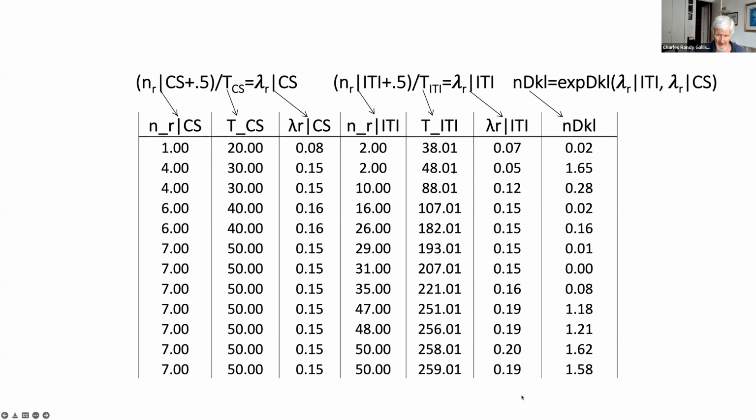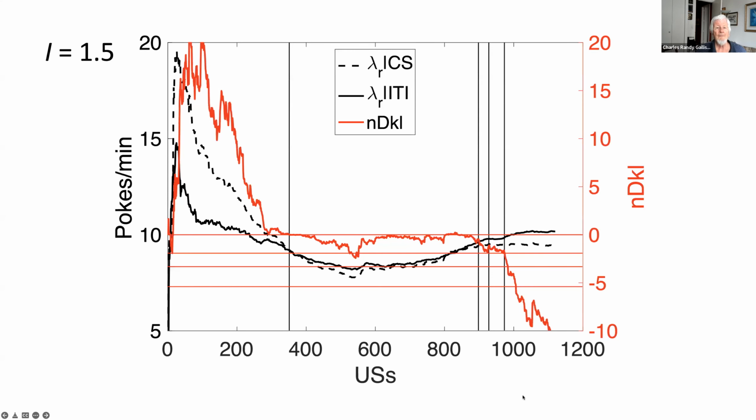Okay, let's see if I can get this to advance. Right. Okay, so here's a somewhat complicated plot, but you grow to love them. Here in the black, the heavy black line, is the estimate of the poke rate during the ITI intervals, the intervals between the CSs.